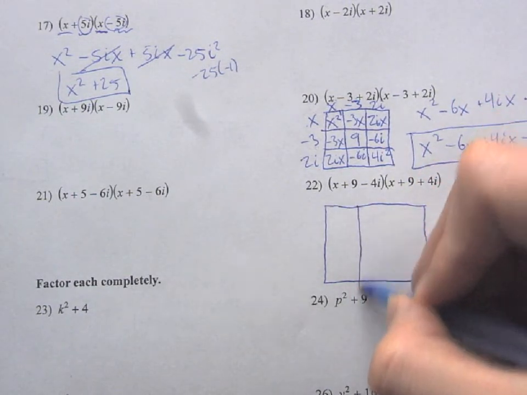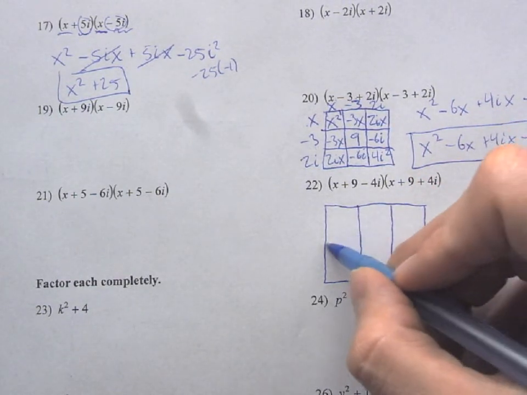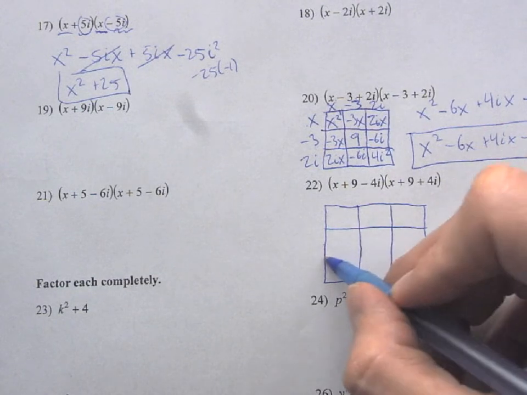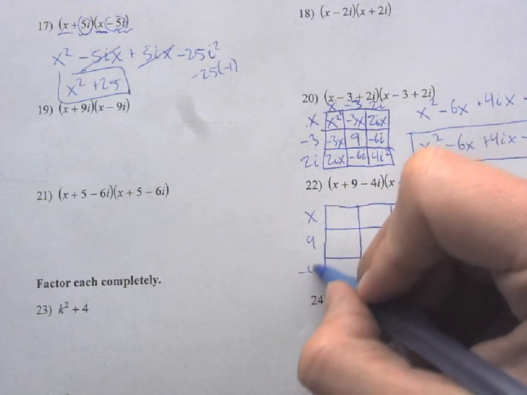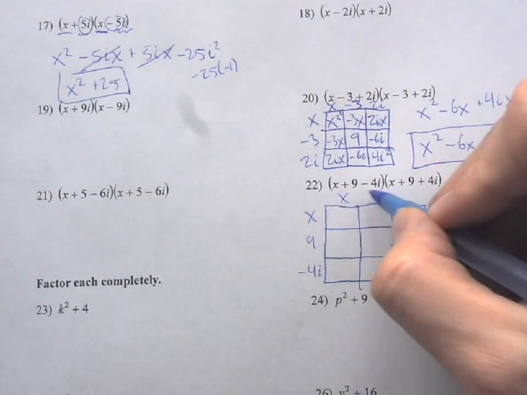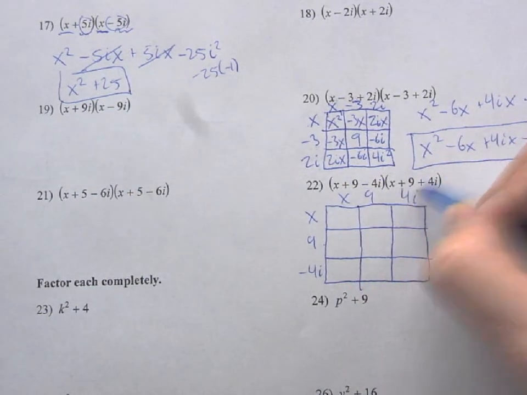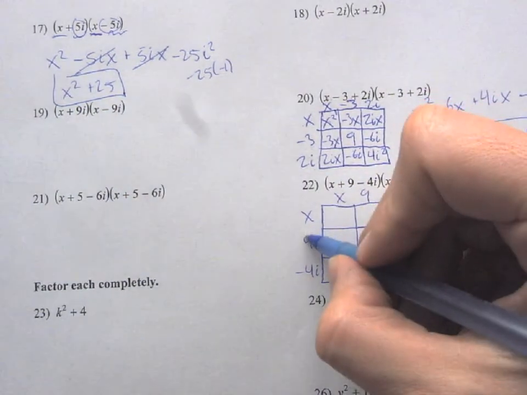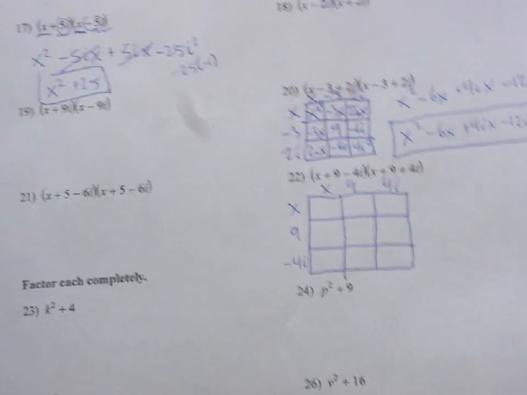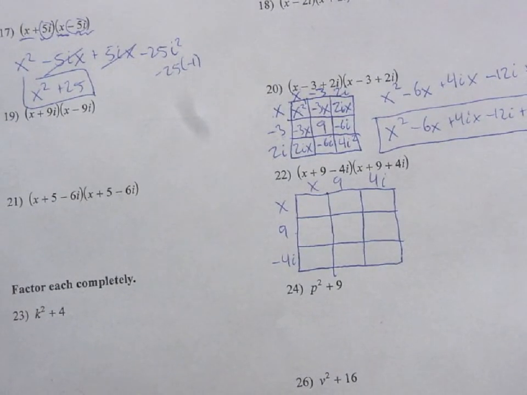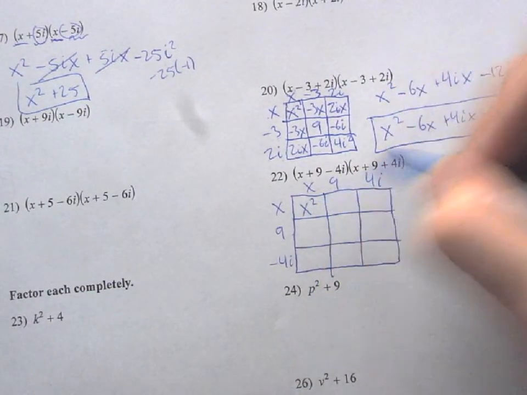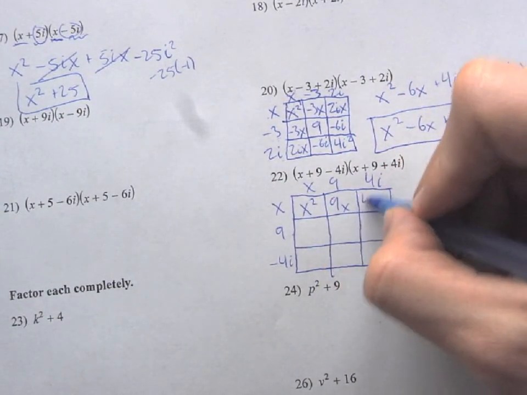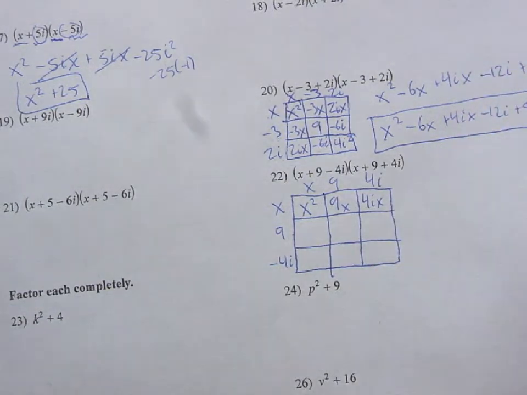Okay. All right, so I got x, I got 9, I got negative 4i, and then I got x, I got 9, and I got positive 4i. That's really what it's supposed to be. That was how I was supposed to set this up. Now, in this case, we're going to see a lot of stuff cancel, which will be a little bit nicer. So we got x squared, we got a 9x, and we got a 4ix in the top box, just multiplying the outsides here.